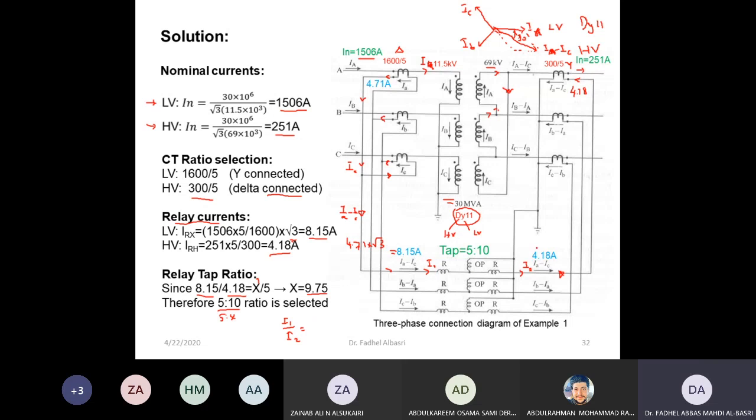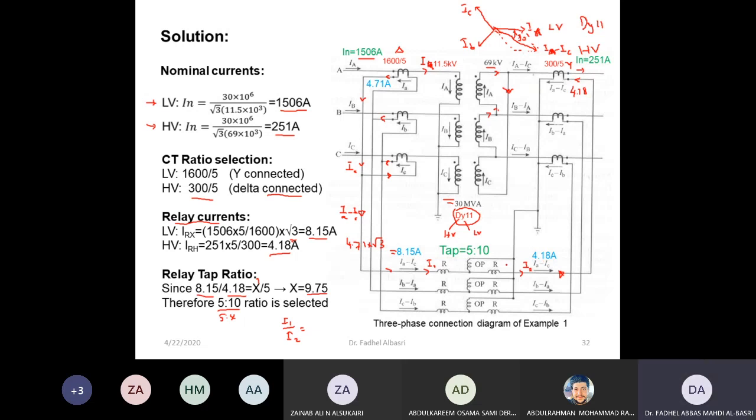In the end, I have to correct either this to 8.15 or this to 4.18. It doesn't matter. If I use it here, I'll make 10 to 5 and divide this by half. If it is this side, I'll make 5 to 10.